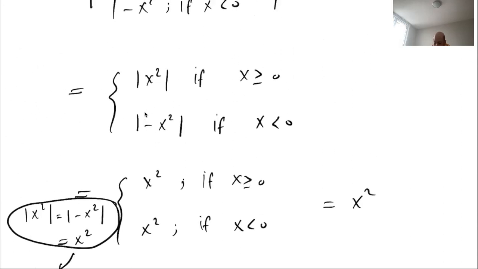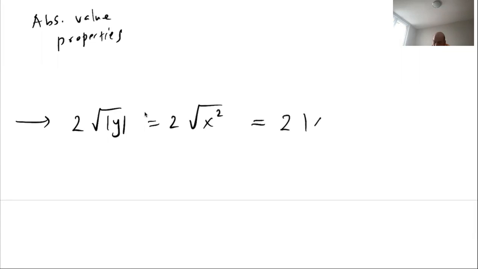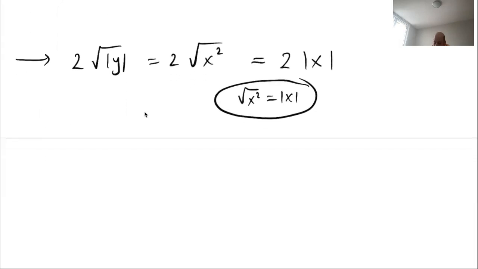And so this is the absolute value of y. So 2 root absolute value y will be how much? 2 root absolute value y was x squared. So we can write this as 2 root x squared, which is the absolute value of x. Root x squared equals absolute value x. This one you also learned in pre-calculus.